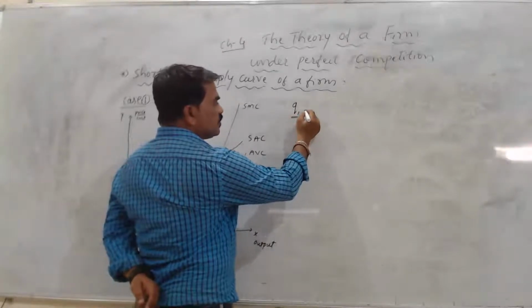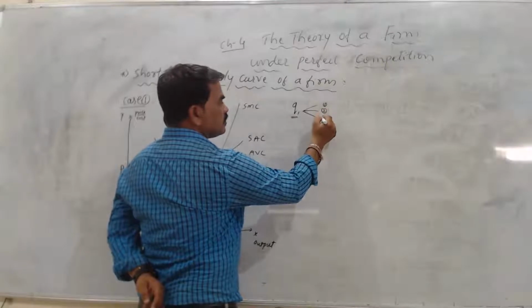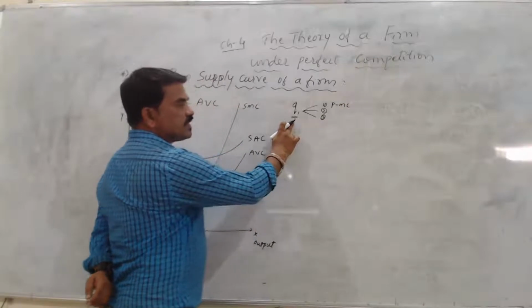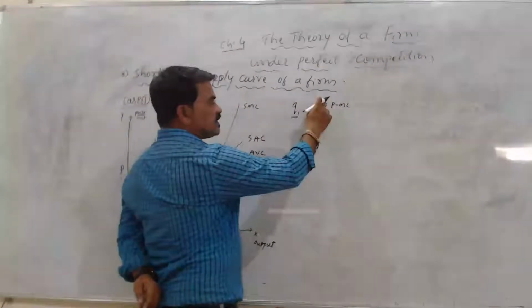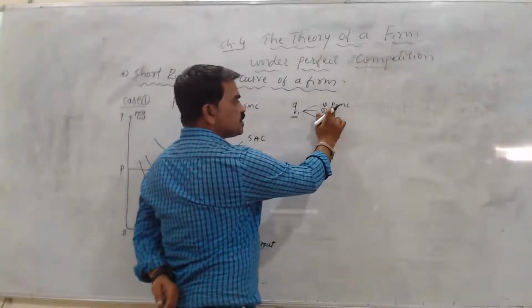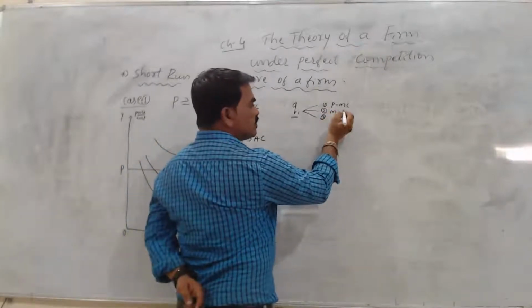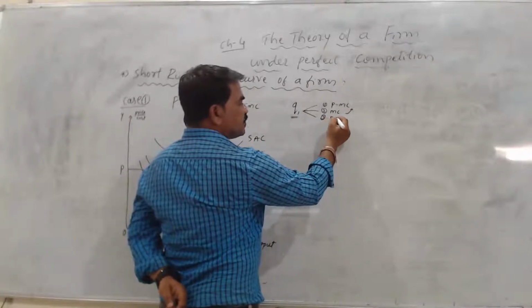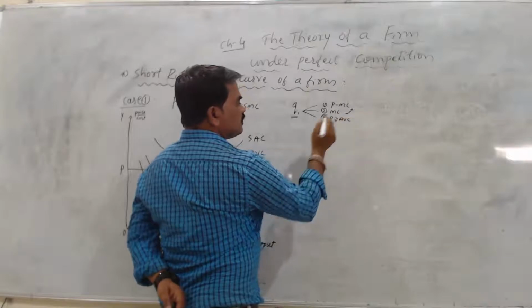This quantity should satisfy all the three conditions. First condition is price should be equal to marginal cost, and the marginal cost curve should be increasing, and P should be greater than or equal to average variable cost.